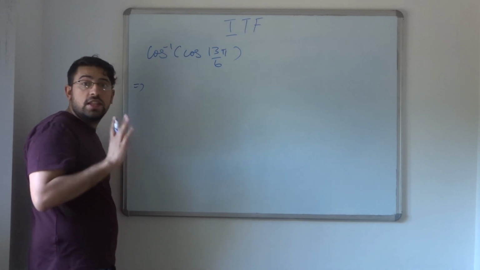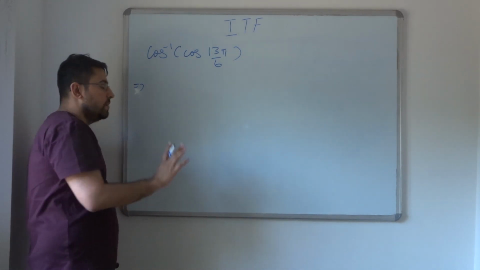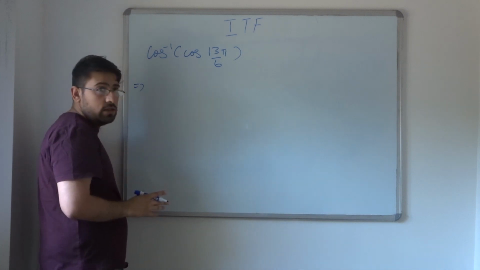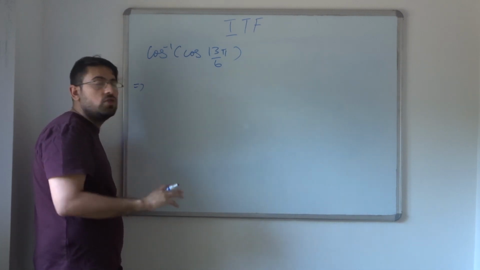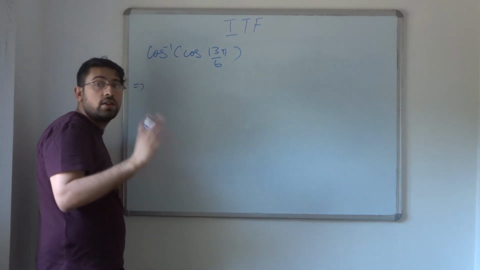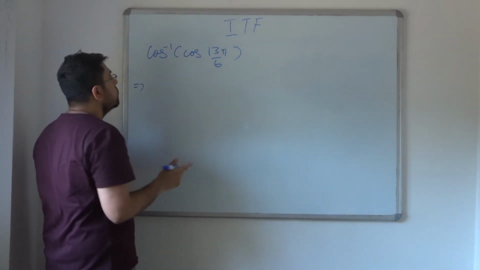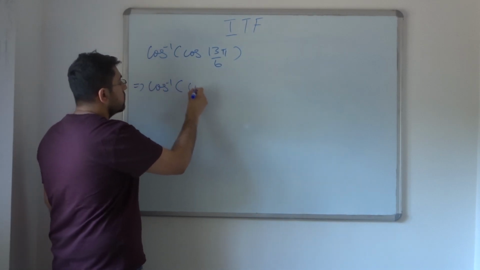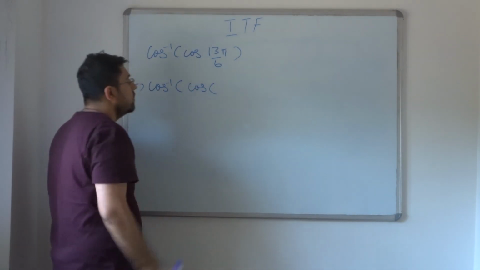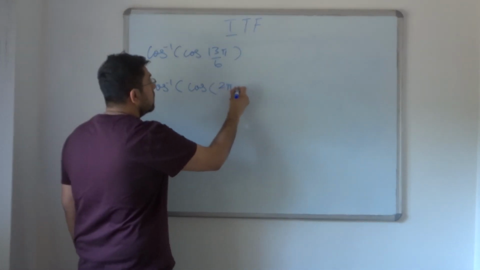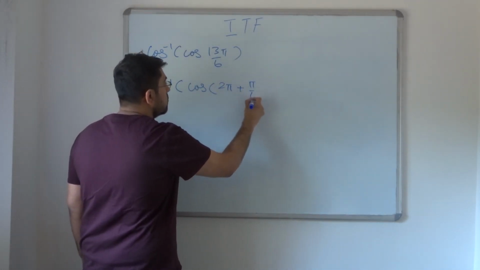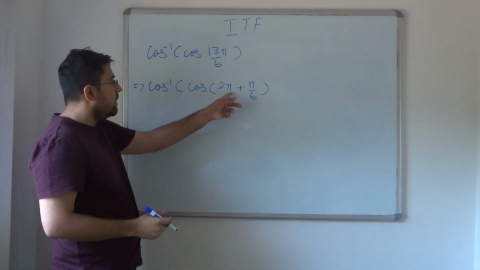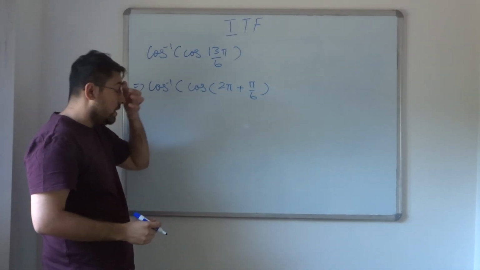Now, the first thing that you have to remember, guys, is that the range of arc cos goes from 0 to pi in a closed interval. So this is how you solve this one. You basically have 2 pi upon 6, because remember guys, 12 pi plus pi becomes 13 pi.